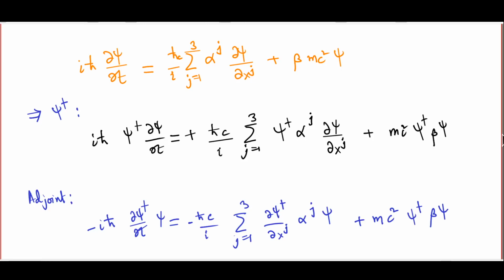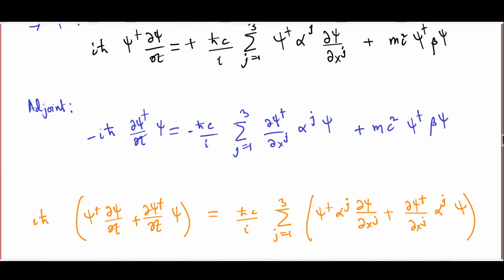Now, as you can see, there are terms here which involve derivatives of psi, either with respect to time or with respect to space. And there is one term which does not depend on a derivative. And it's very easy to get rid of this term simply by subtracting the two. And if you do that, you end up with this expression. Now, why did we really want to get rid of the non-derivative term, so to speak?